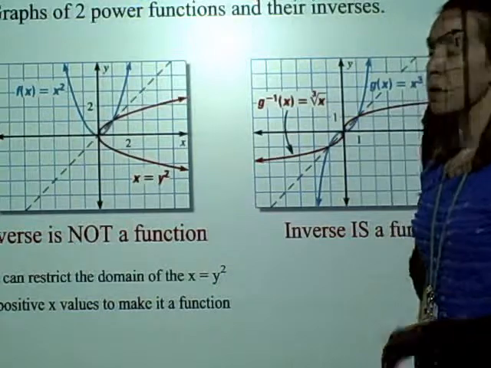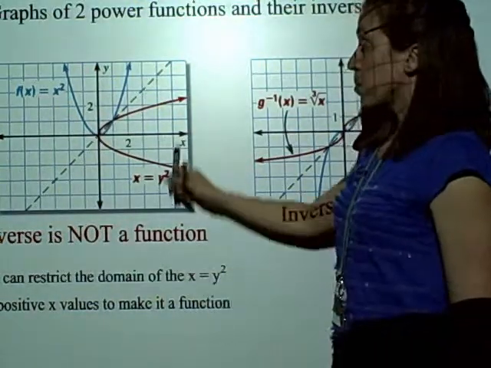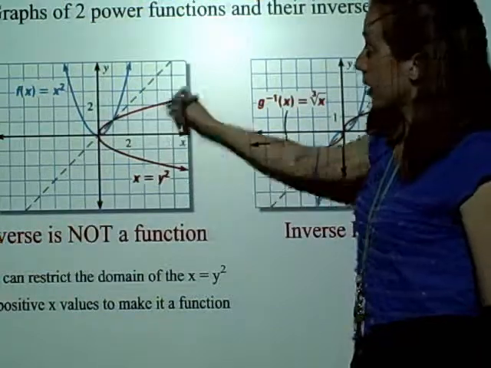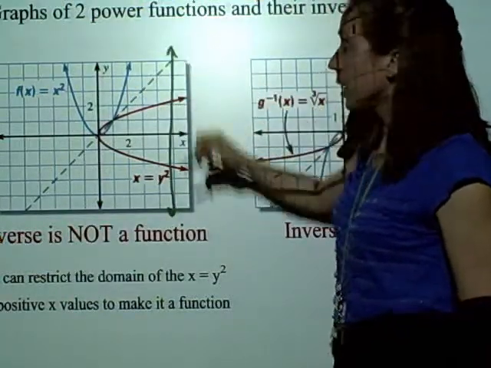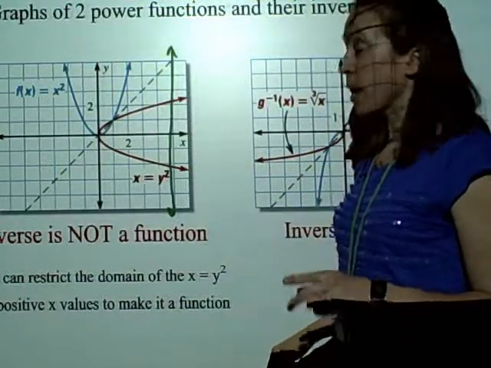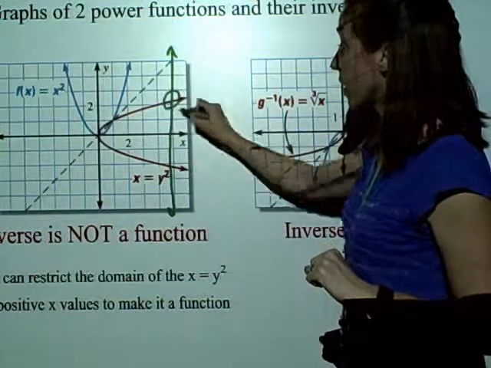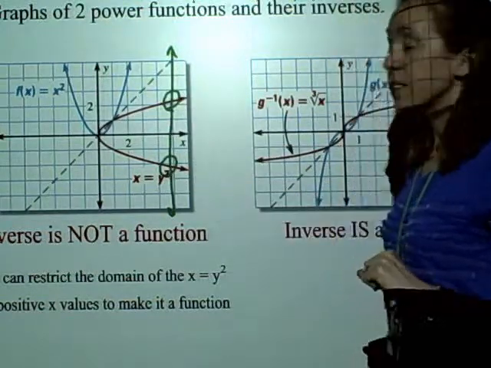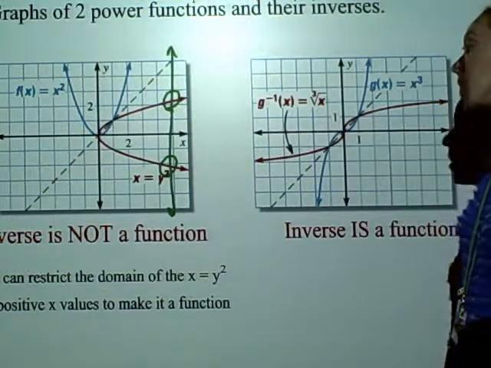I wonder if you guys remember way back when we started this, you guys learned about a vertical line test. If you draw a vertical line through the graph of a function, it should only cross that graph in one spot for it to be a function. You guys can see our vertical line crosses that function in two places, so it's not a function.